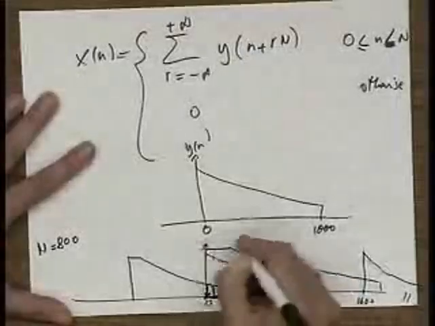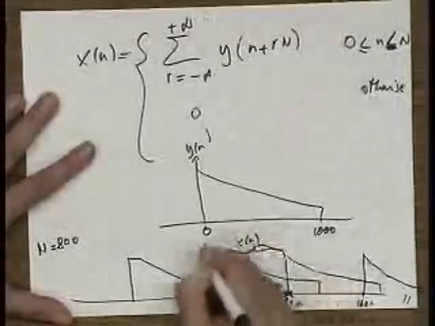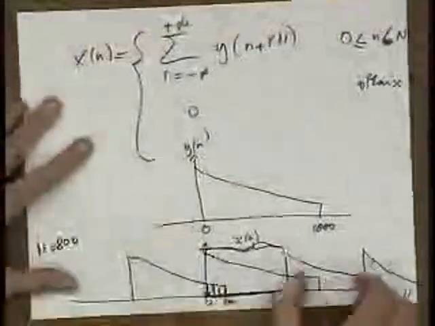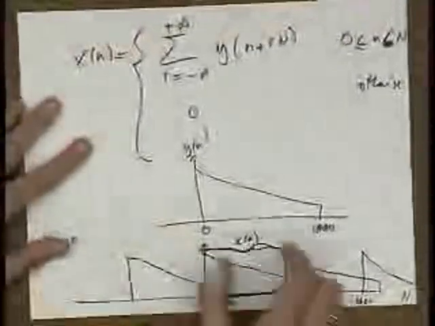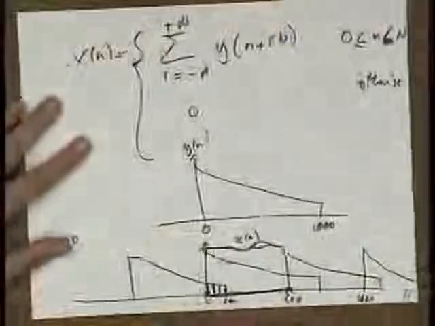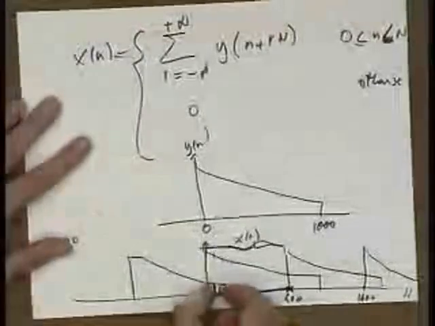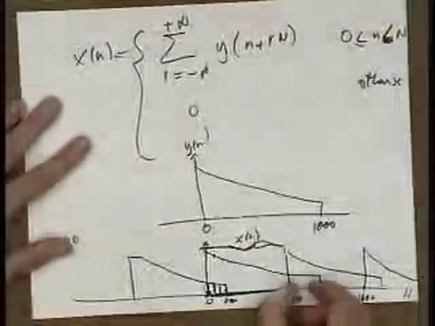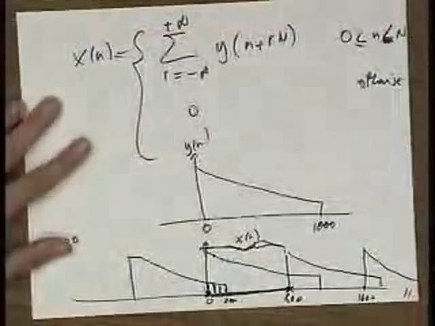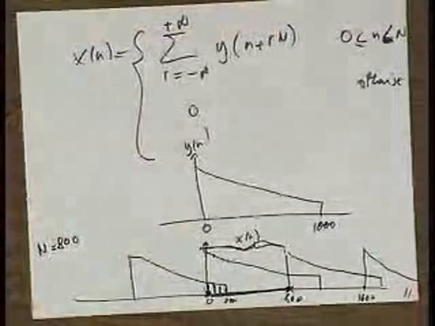So this is x of n. Can you all convince yourselves that when I replicate this thing, the resulting thing is a periodic sequence? It's always this added to this, this added here. It is periodic. Okay?